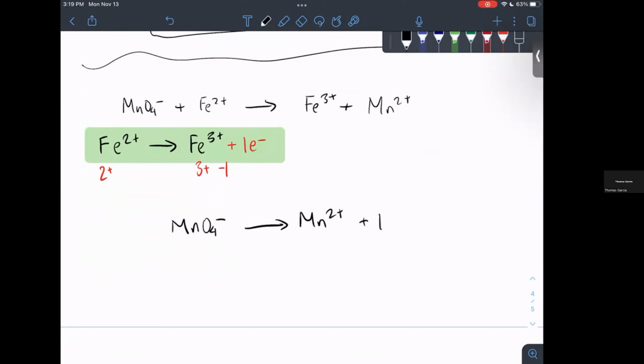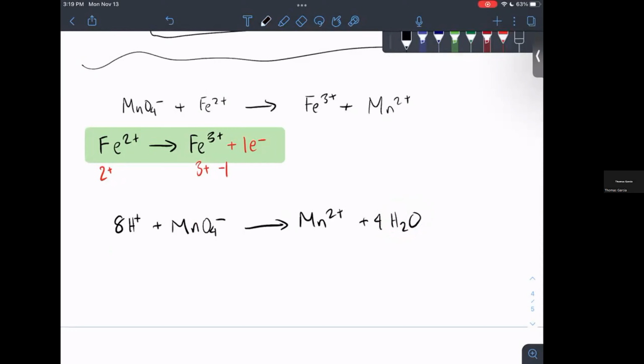I actually need to add 4 H2Os to the right side to balance the oxygens. And then with these 4 H2Os, I'm introducing 8 hydrogens. So I'm going to have to go back over to the left and do 8 hydrogens. And this is based in an acidic solution once again, because I have hydrogen and H2O.